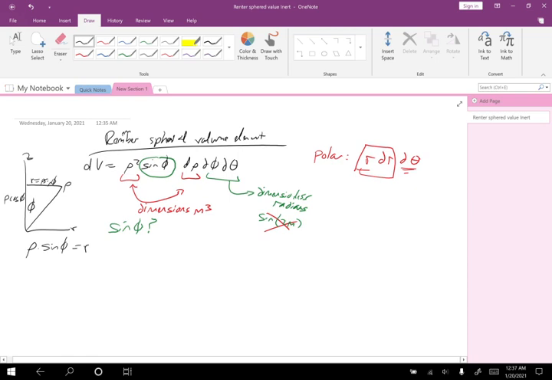I think it's more sensible for r to appear in dV than it is for z. Because now you can think of it as the polar dV times a d phi contribution.